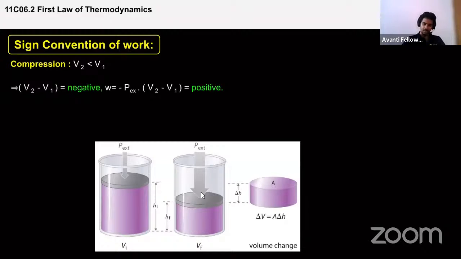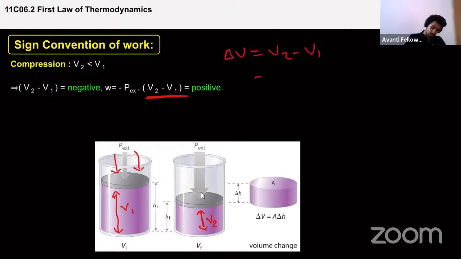Now, this is compression. What we are doing here is increasing the external pressure so that the volume of the system is decreasing. If this is the volume V1 and this is the volume V2, V2 is less than V1 here. So delta V is equal to V2 minus V1, and this will be negative in compression. So as a whole, work will be negative P external into delta V, where delta V is also negative.